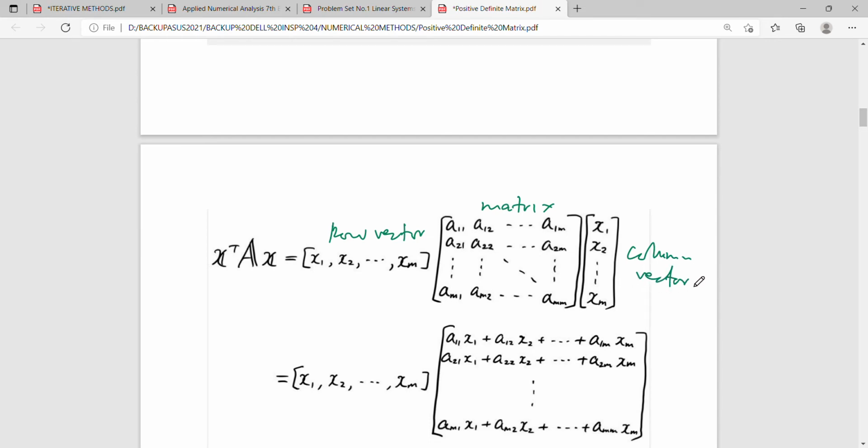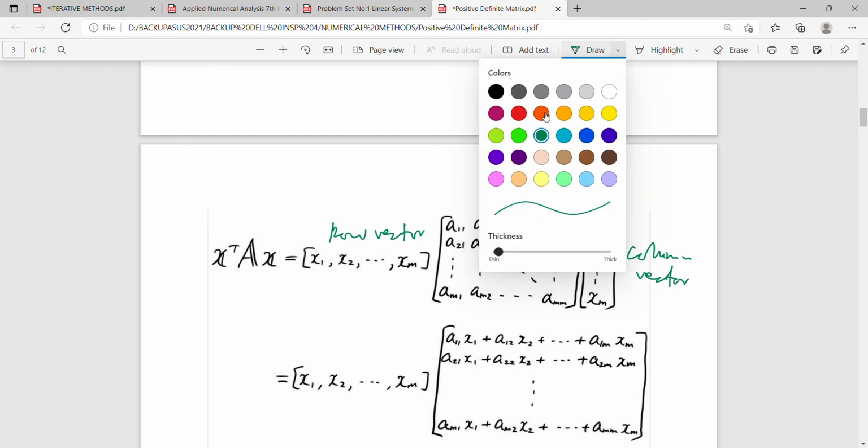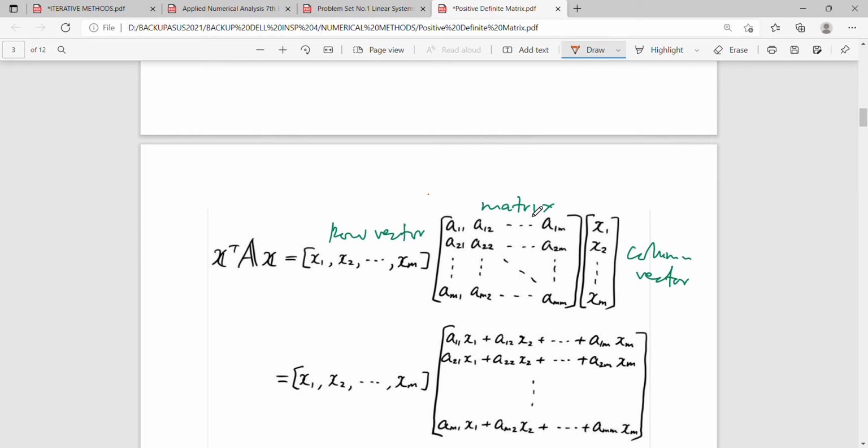I hope you know how to multiply it. If manually you are given the exam to multiply it without the use of a computer, you just get your calculator and multiply this row with this. You will have the first element, then multiply this with this, you will get the second element, and then you multiply this with this, and so on and so forth until you finally get the mth element here.